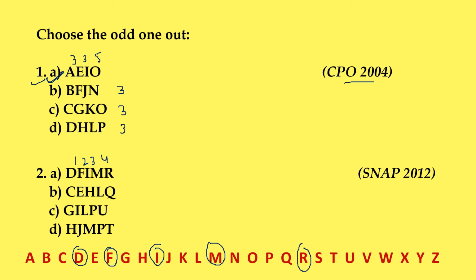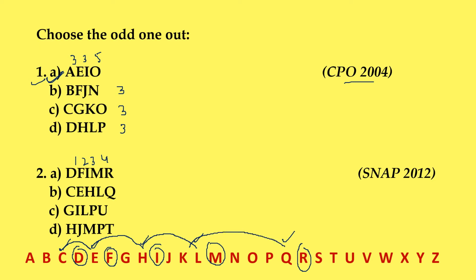Now let us check for C, E, H, L and Q. So between C and E we have 1 letter. E and H is 2 letters. H and L is 3 letters and L and Q is 4 letters.